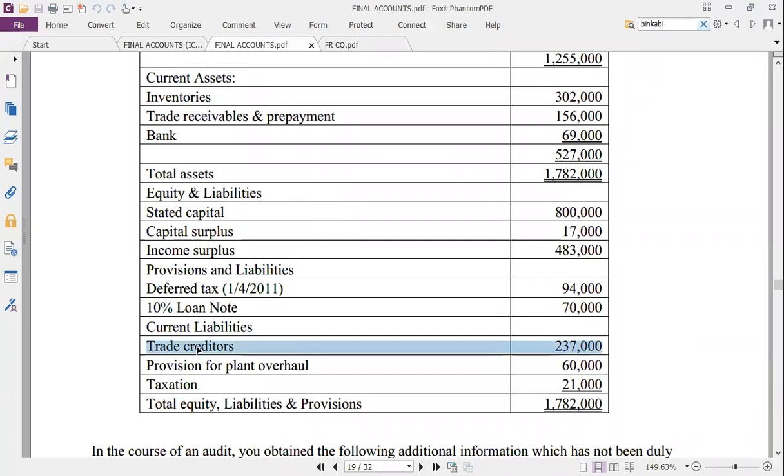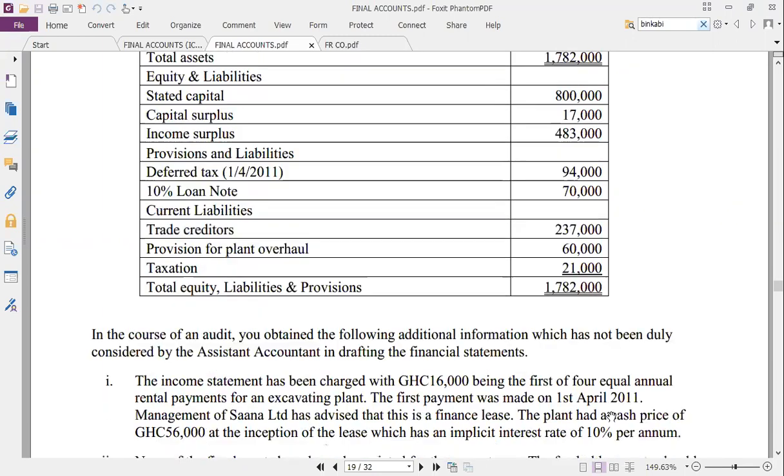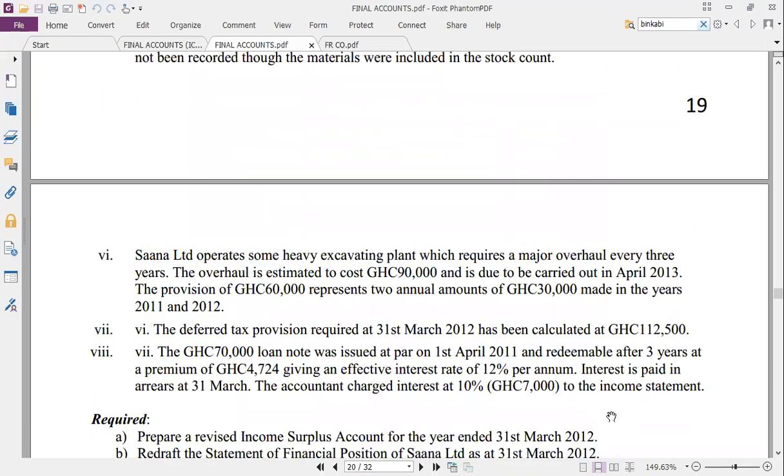I will increase it by 2,500 because they have not paid it. If they paid, I would subtract from the cash or the bank balance. That is all. They are owing. They received the goods, but it has not been accounted for, meaning that they've not even paid for it. If they pay, I'll take it off from the bank.